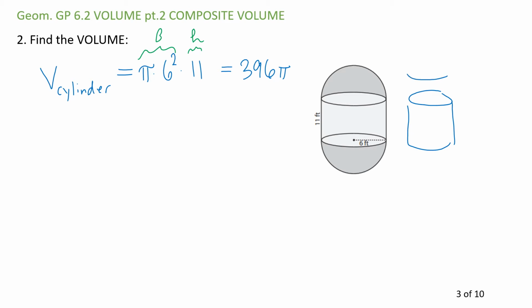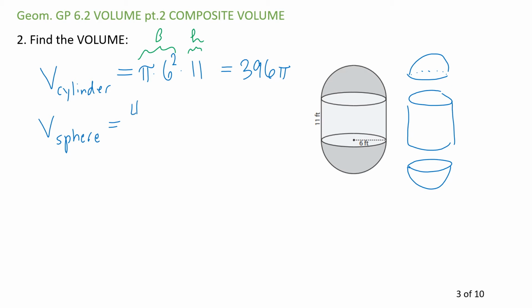Well, I also have 2 more. I have a semicircle on the top, and a semicircle on the bottom. But if I put them together, that's actually one entire sphere. So I would find the volume of this entire sphere, split it in half, but then add 2 of them. So I'm just going to find the volume of the sphere.